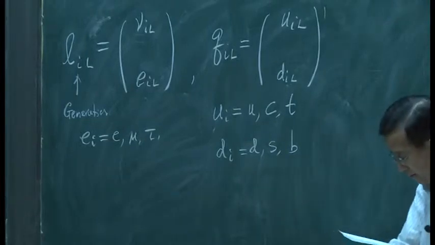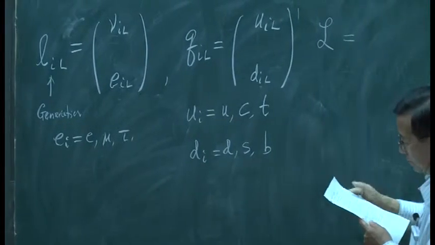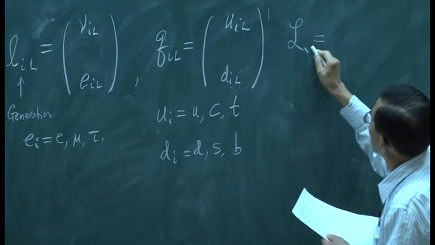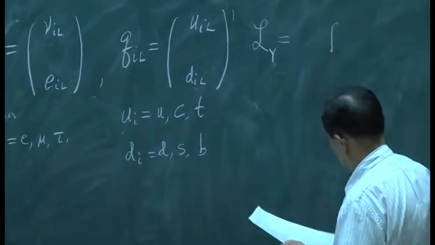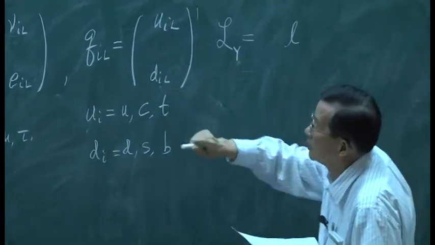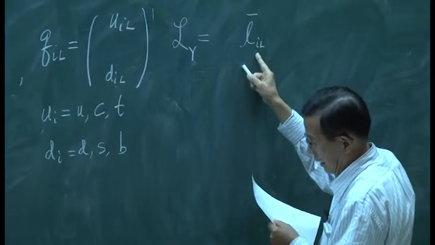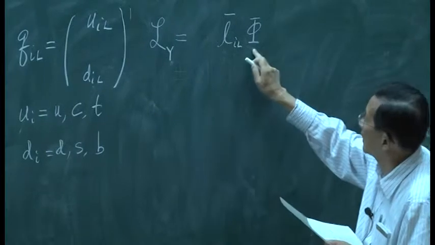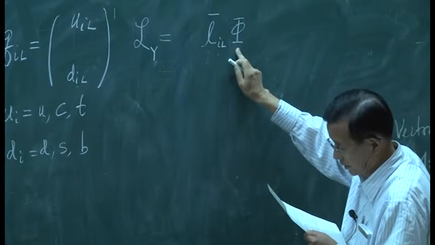Okay, so let's write it down. For example, I'll call the coupling Y. We have a lepton doublet, any one of them, and this can combine with the Higgs doublet. This is a doublet and that's a doublet, so they can form a gauge invariant object here.